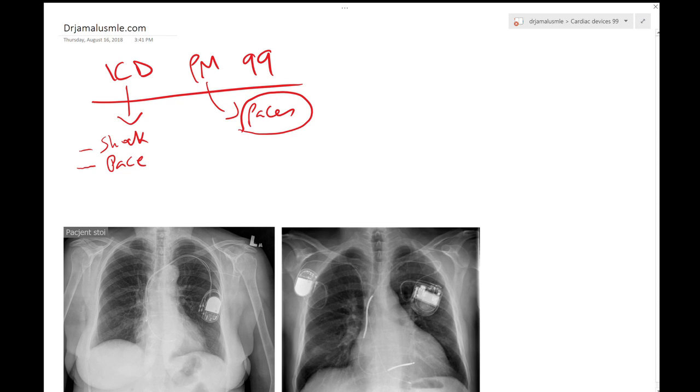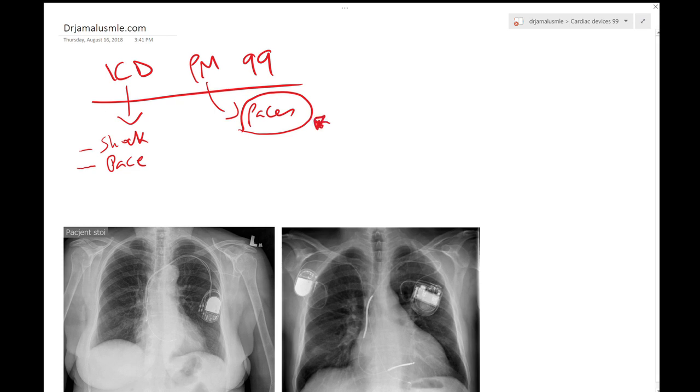Why do we give patients a pacemaker versus an ICD? If a patient has any kind of bradyarrhythmia that makes him symptomatic, if he goes into severe bradycardia or has any kind of AV block that makes him very symptomatic, we will put in a pacemaker.